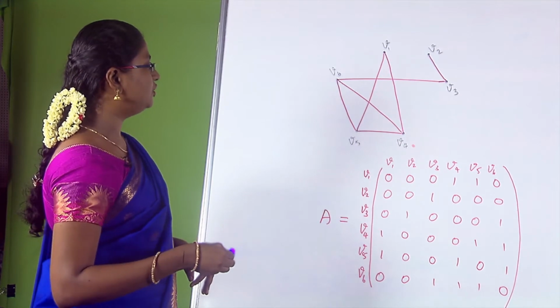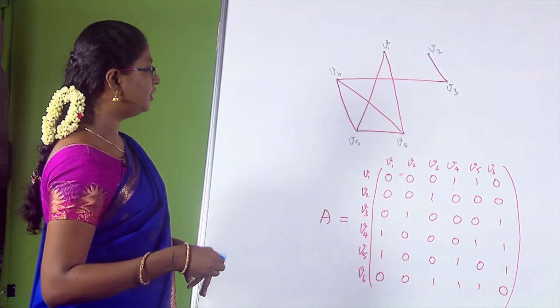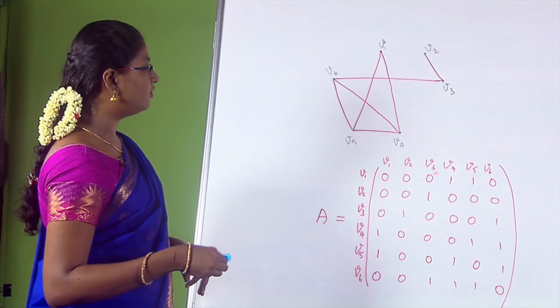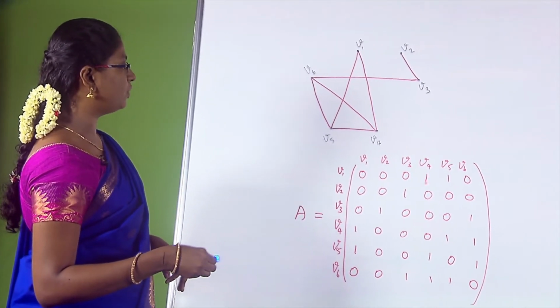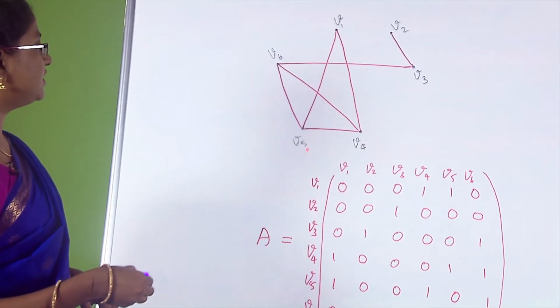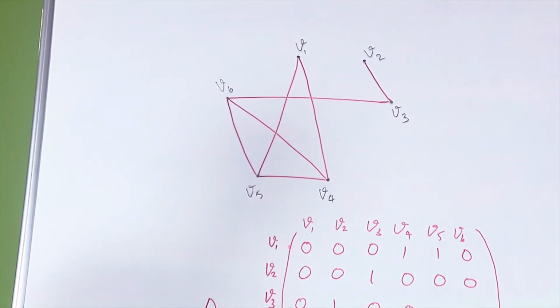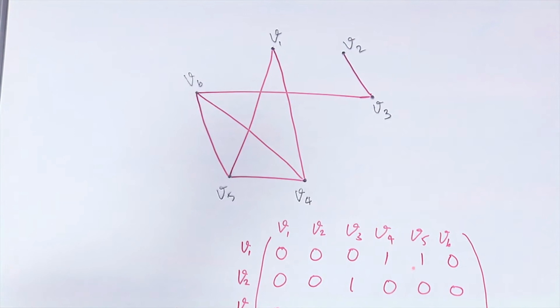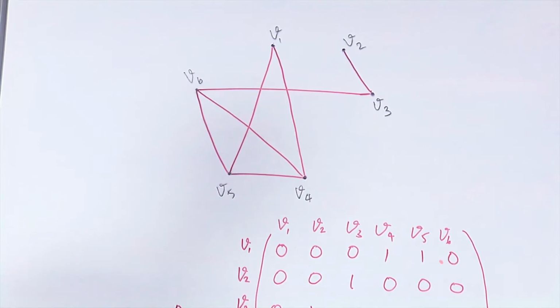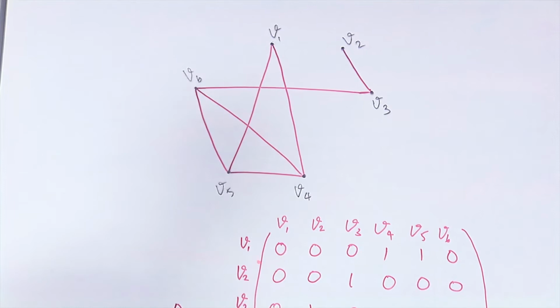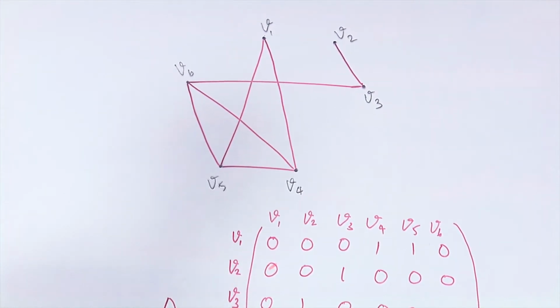V1 is adjacent to V4, therefore we give 1 for the fourth entry in the first row. V1 is adjacent to V5, therefore we give 1 for the fifth entry also. V1 is not adjacent to V6, therefore we give 0 for the last entry in the first row. Similarly, we can fill in all the entries for the rest of the rows.